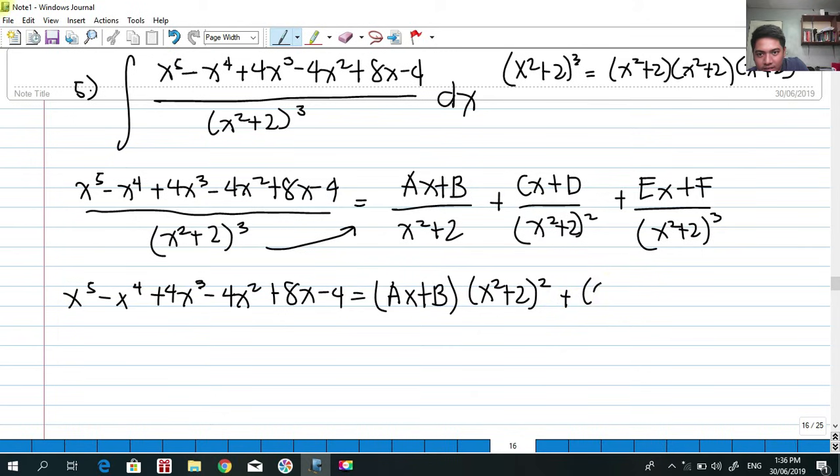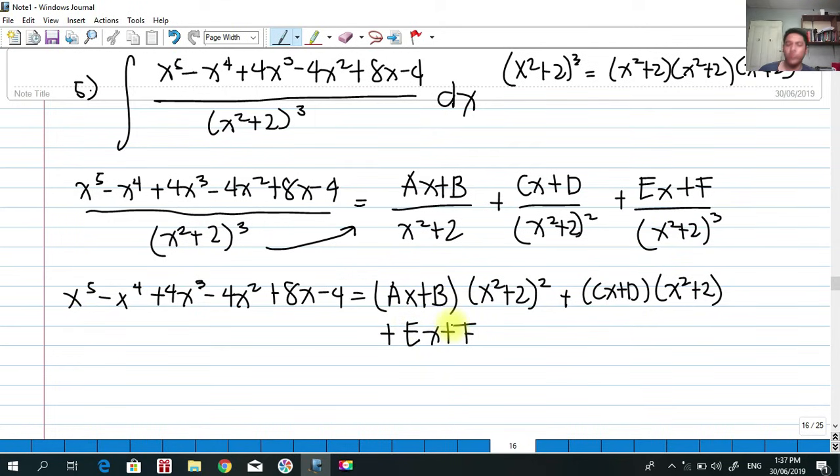Plus cx plus d, multiplied by x squared plus 2 cube over x squared plus 2 squared, so the factors will cancel and we are left with x squared plus 2. And finally, if we multiply this into this, the x squared plus 2 cube will cancel itself with this denominator, so we are left with ex plus f.